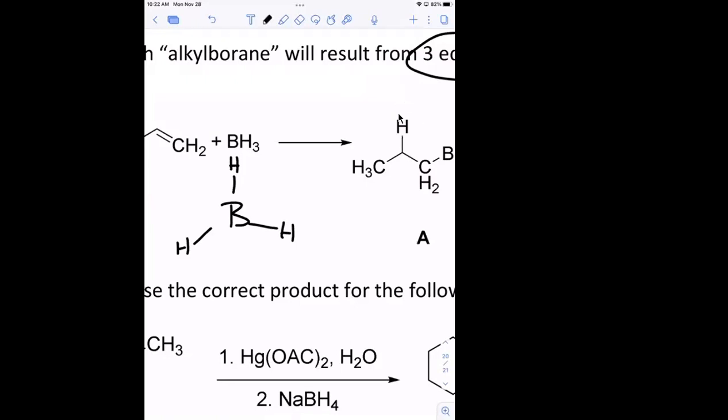So the BH3, you can actually add three alkenes because you have three hydrides that you can transfer. So you can add three alkenes to that. So that's why the ratio is 3-to-1.